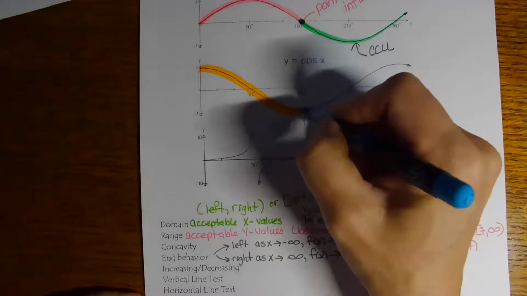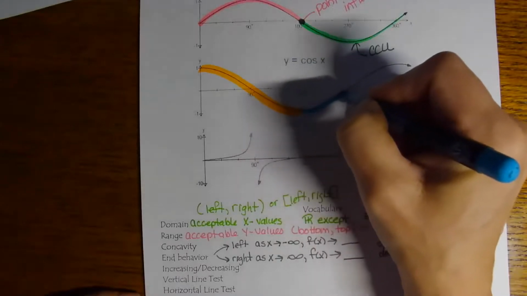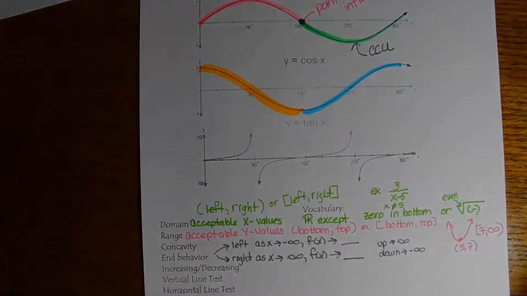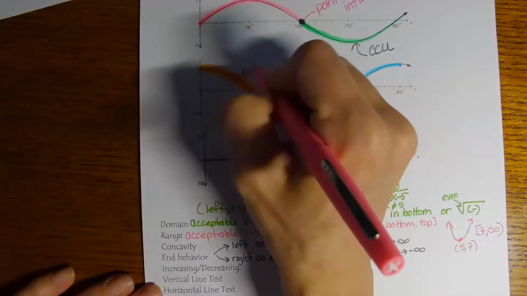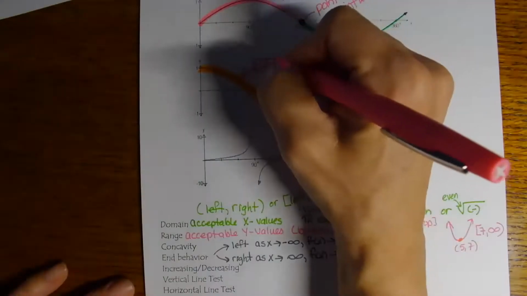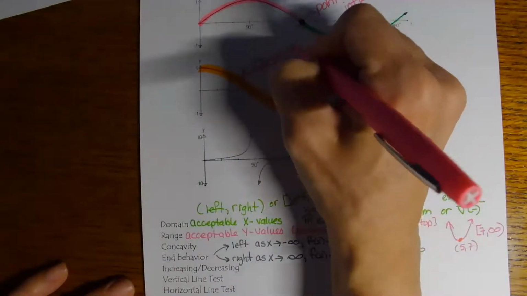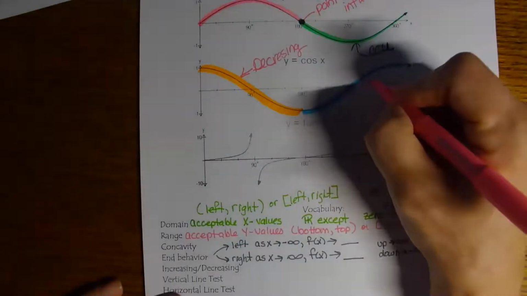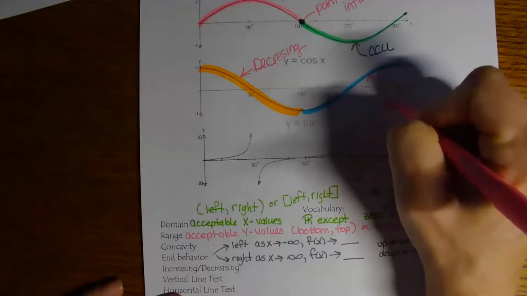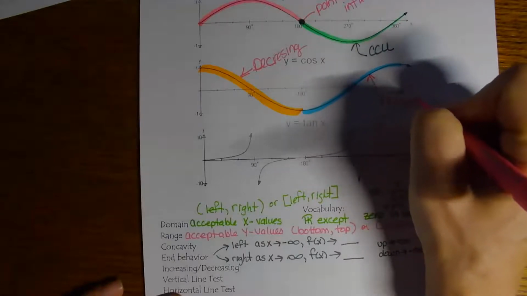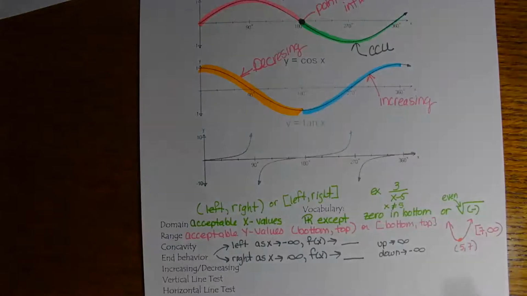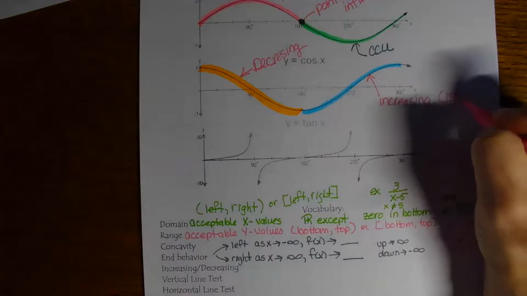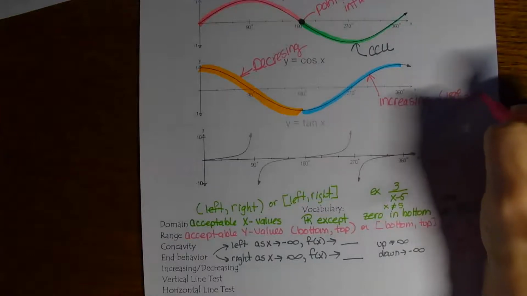Then what happens right here? Which way is my pencil going? All right, so this is decreasing, meaning if my pencil goes down to trace the curve, I'm decreasing, and this, of course, would be increasing. I would say this is increasing from 180 degrees to 360 degrees, right?